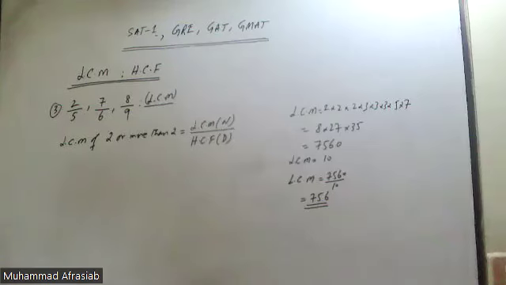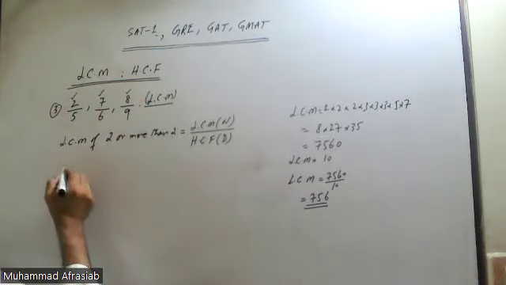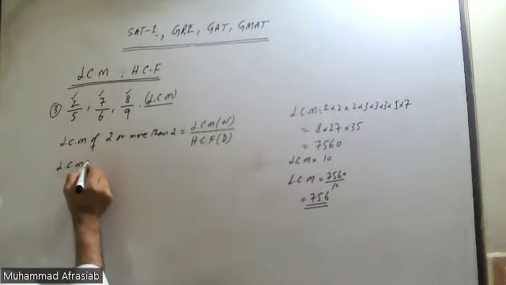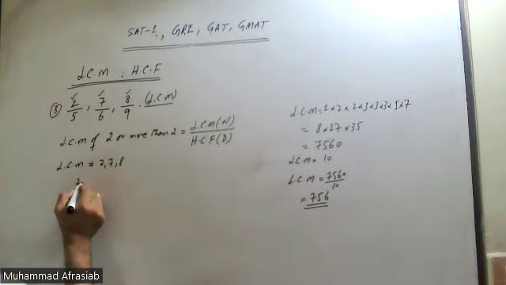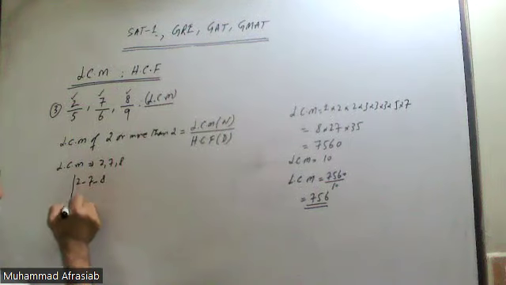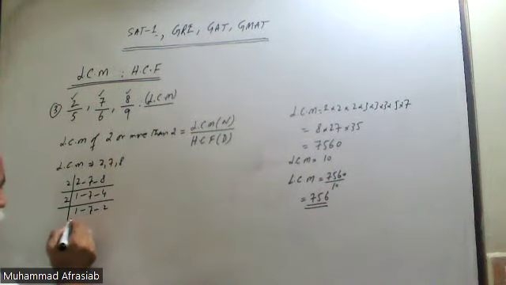We know that the numerators are 2, 7, 8. So the LCM of 2, 7, 8. Two ones are 2, 7 as it is, 4. Then 2 as it is, 1, 7, 2.